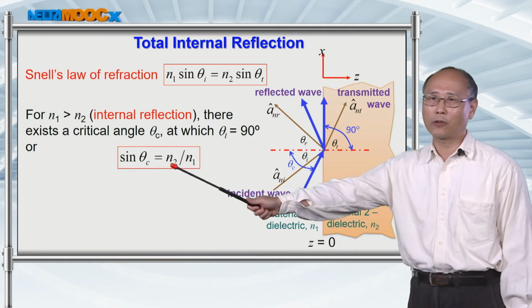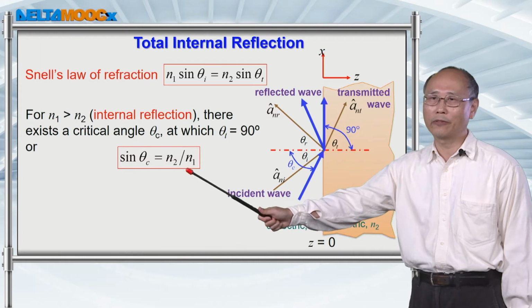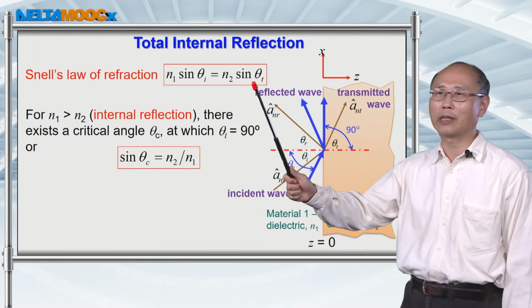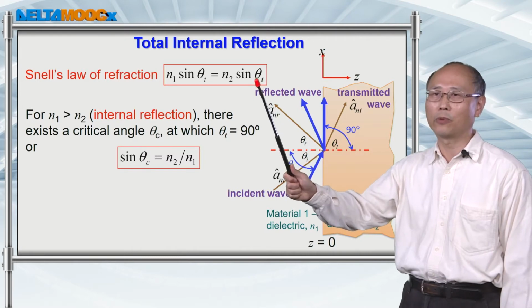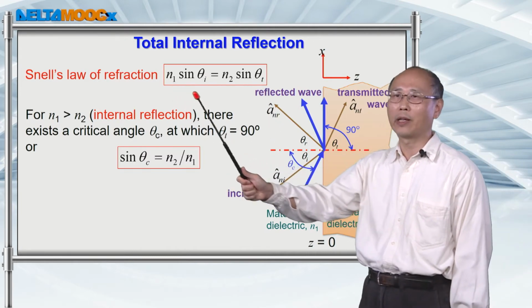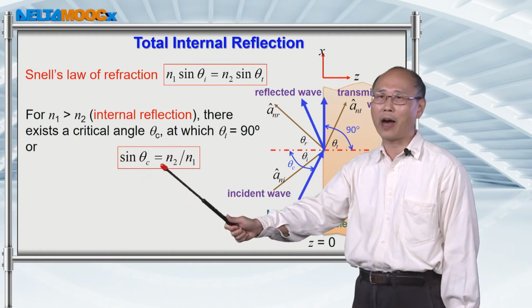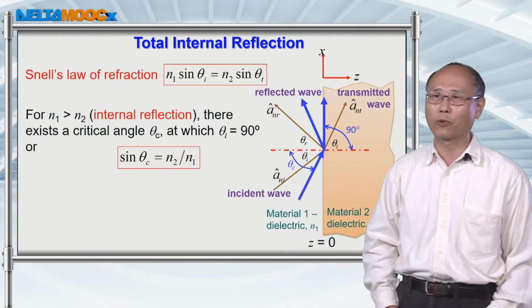And this critical angle is determined by n2 over n1, because you can set theta t equal to 90 degrees, and you get sine 90 degrees equal to 1, and you move this n1 to the right hand side. So you get this critical angle to be the arc sine of n2 over n1.